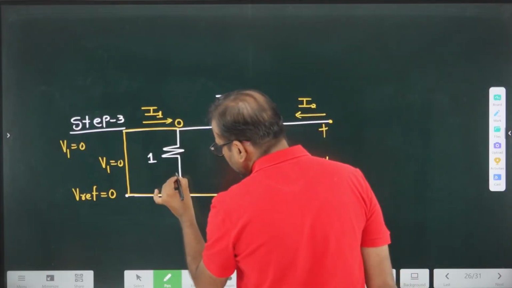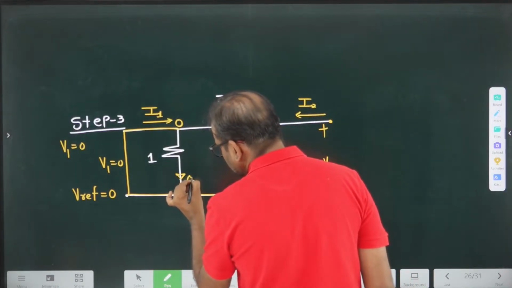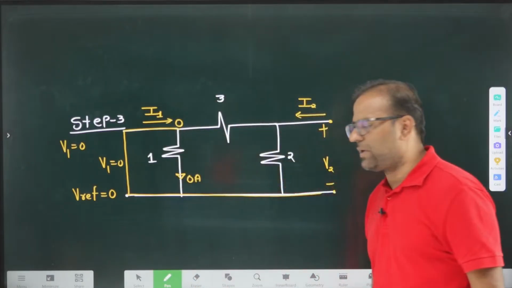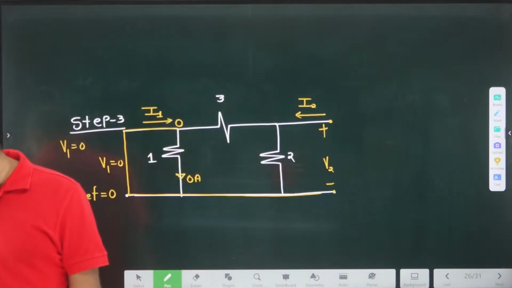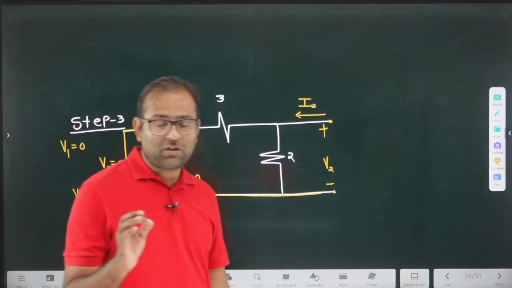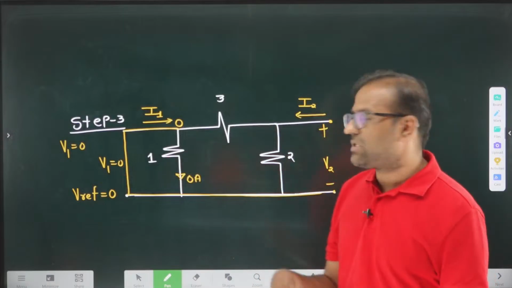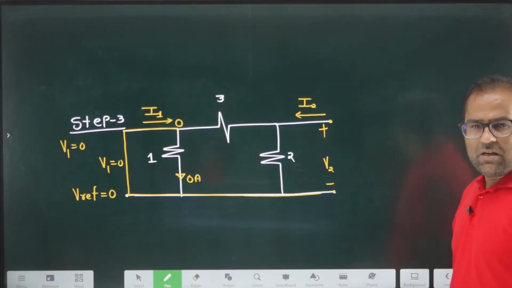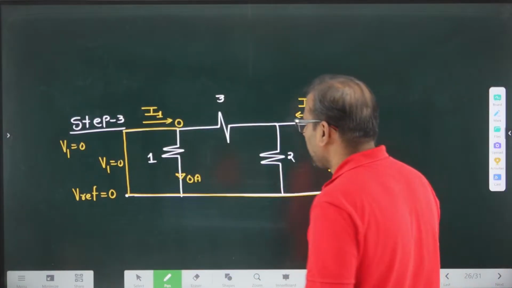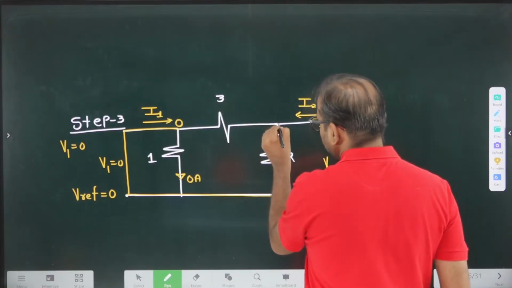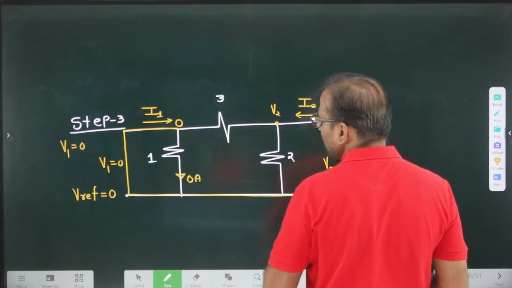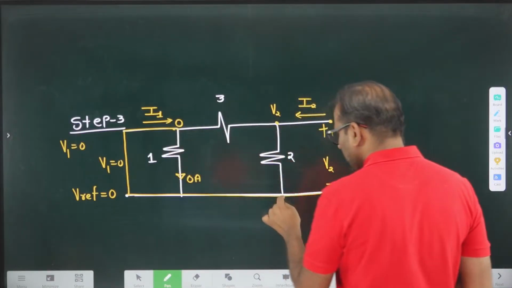So if this value is 0 volt, what is the current going inside this resistance? 0 ampere current is going, because the current across a resistance is always given by the potential difference divided by resistance. Now this I2 current is going inside the network, so you can say this 3 ohm resistance is connected between this potential V2 and 0, and this is also V2 and 0.